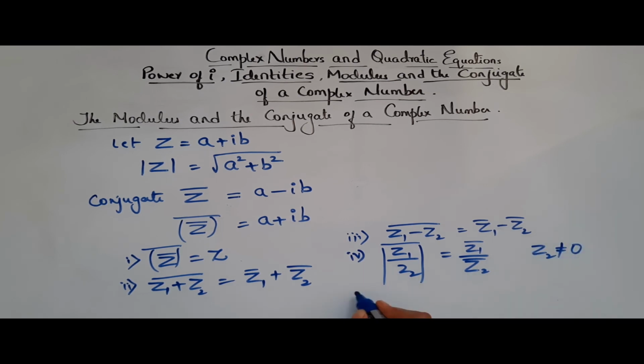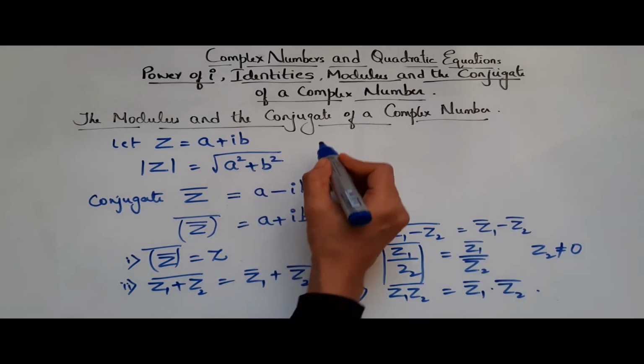And this also holds good for multiplication, that is (z1 z2) bar is equal to z1 bar into z2 bar. So these are some of the properties of the conjugate of a complex number. I hope this is clear.